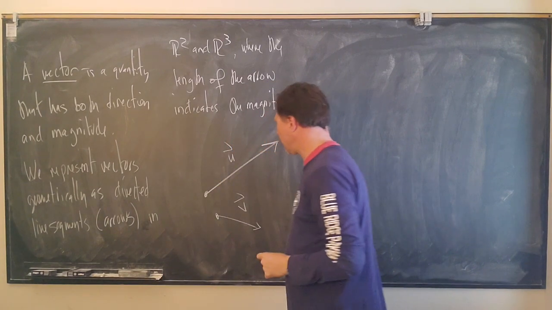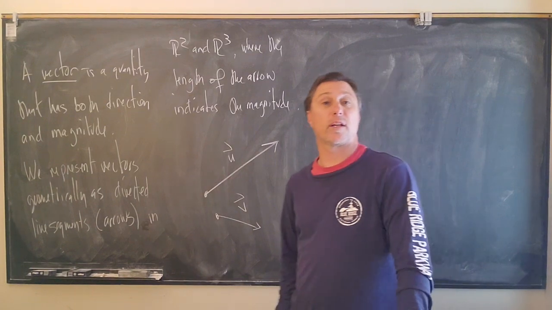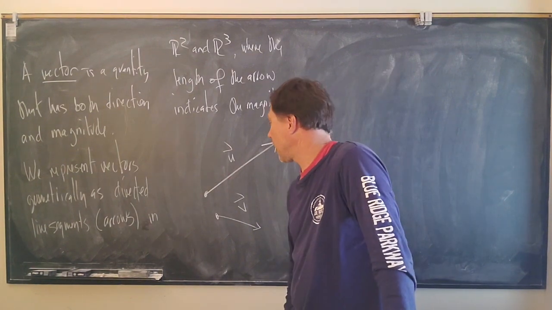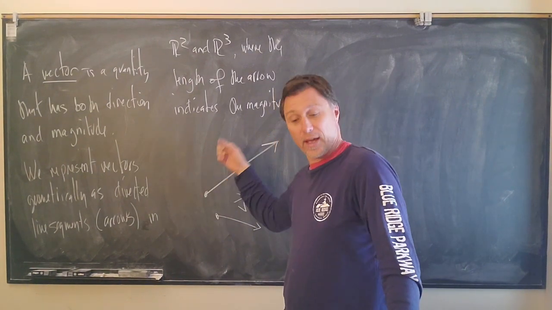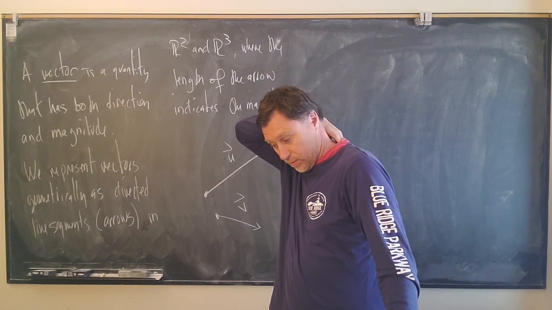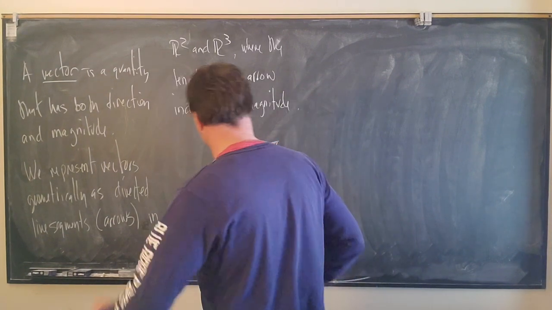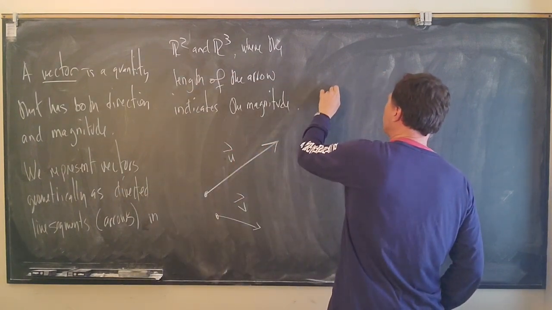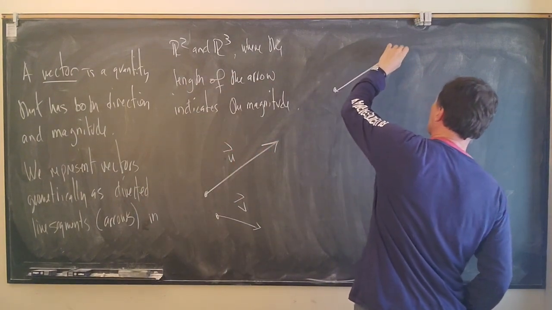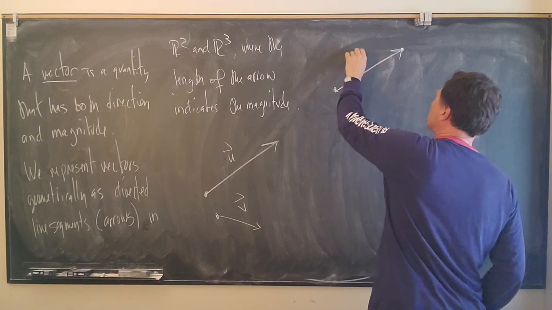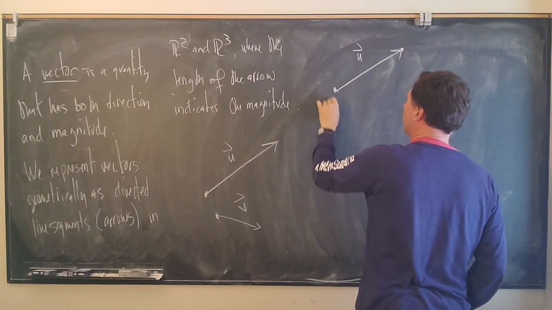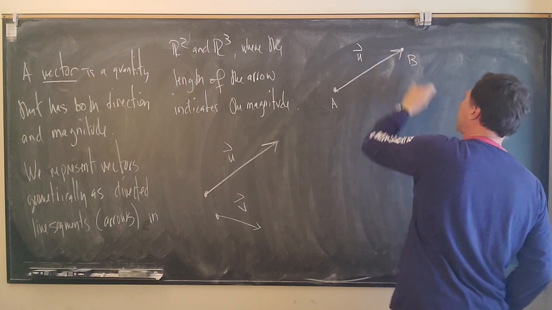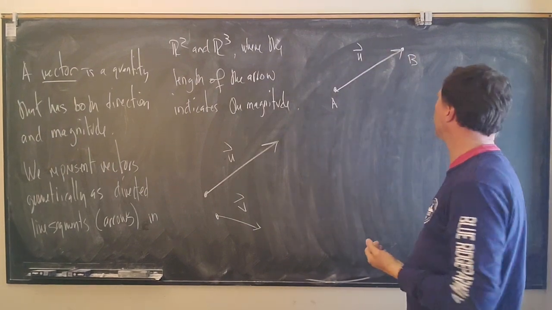In the book, vectors are written using boldface type. I'll put a little arrow over the letter to indicate that we're talking about a vector. So if we have a vector like this, let's say vector u, we may or may not care about the starting point and the ending point of that vector.